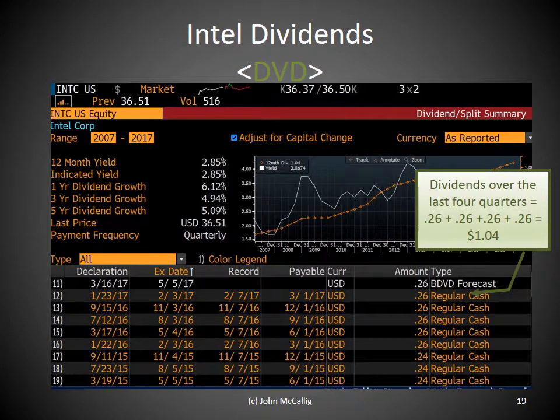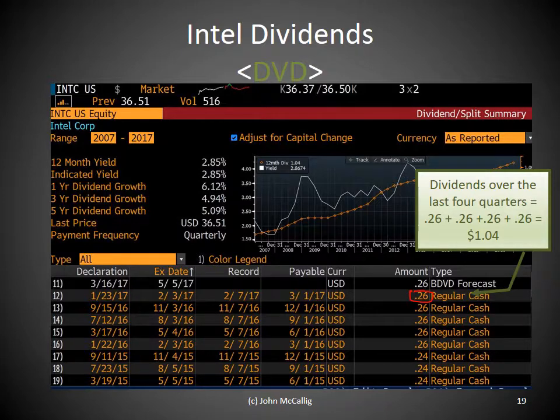I'm going to use Intel as the example here rather than Ryanair, because Ryanair are not a regular dividend payer. They do pay out to shareholders, but not in a regular way. So let's look at dividends for Intel. You can see these are quarterly dividends. The last one was paid on the 3rd of January 2017, and it was 26 cents.